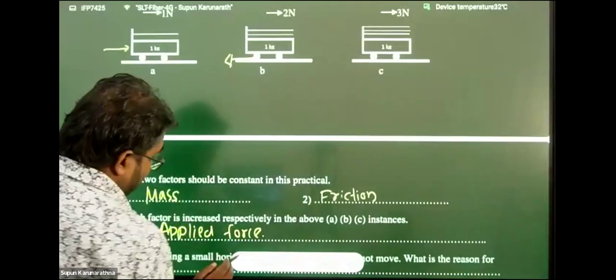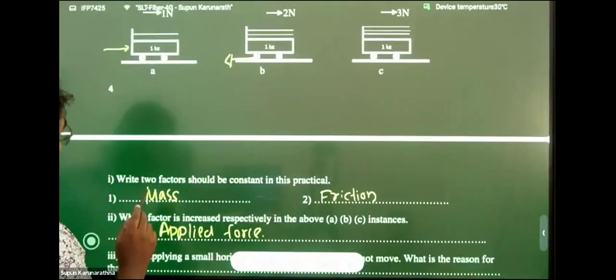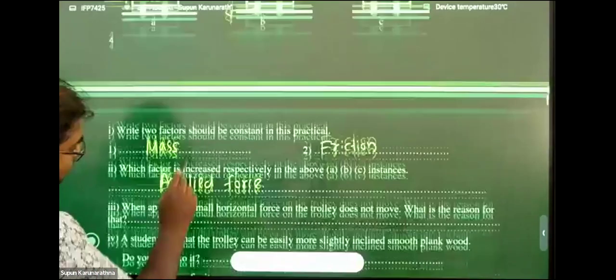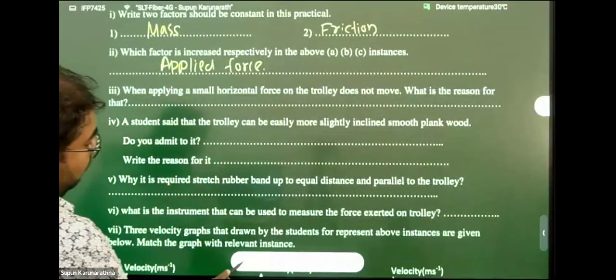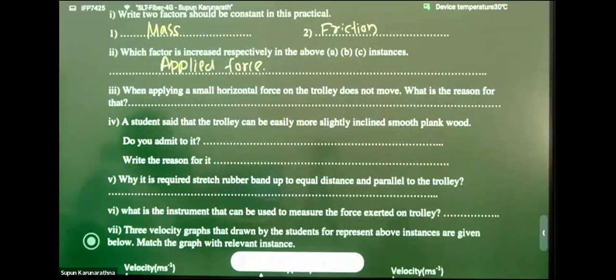So what do you want to write as your answer? Your answer should be: when applying a small horizontal force, the trolley does not move. What is the reason for that? Right? You can write. Likewise, you can write the answer.